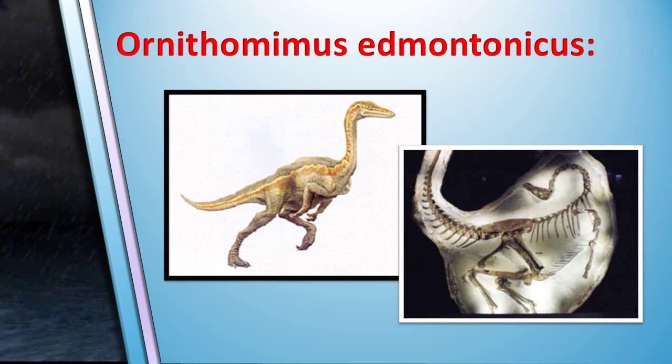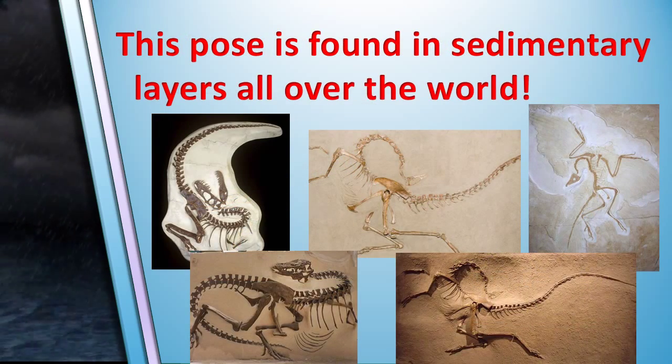And even more than that, this posture should tell us something about how many of the dinosaurs ended their time on Earth, because in sedimentary layers all over the world, we find vast numbers of many varieties of dinosaurs have been fossilized in this same bizarre pose. Understanding the death pose of these amazing fossils can help us understand what circumstances were involved in their death.